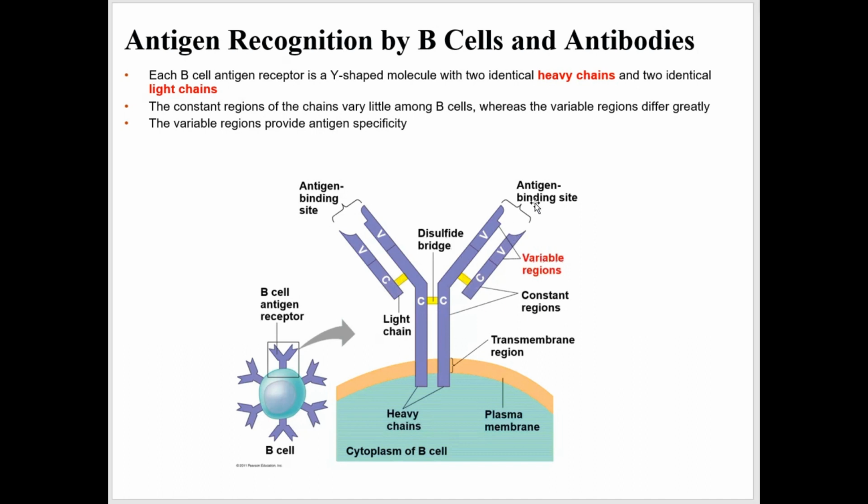Now, the regions that are going to vary are going to be right here, and we call them antigen binding sites. And notice we have two of them for each antibody, versus in T cells, if you recall, there's just one binding site. Now, the key difference here is that those antibodies, when triggered, can be released. So plasma cells can release those antibodies and turn them into soluble ones.